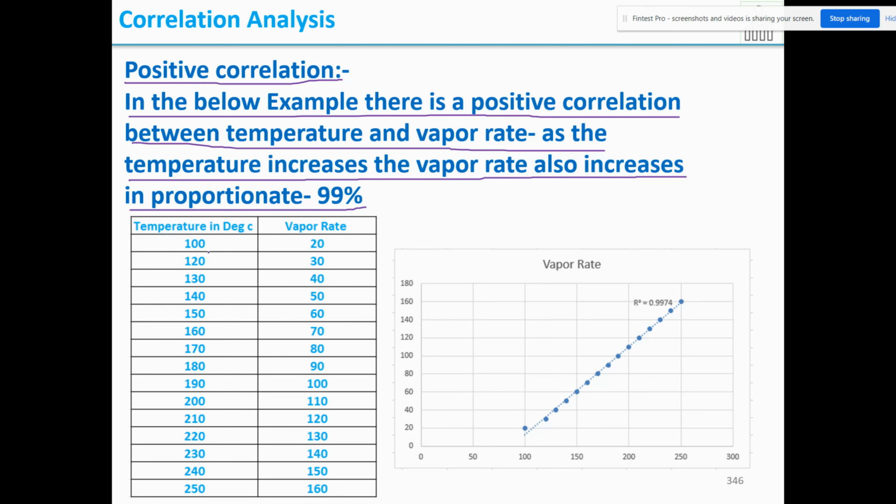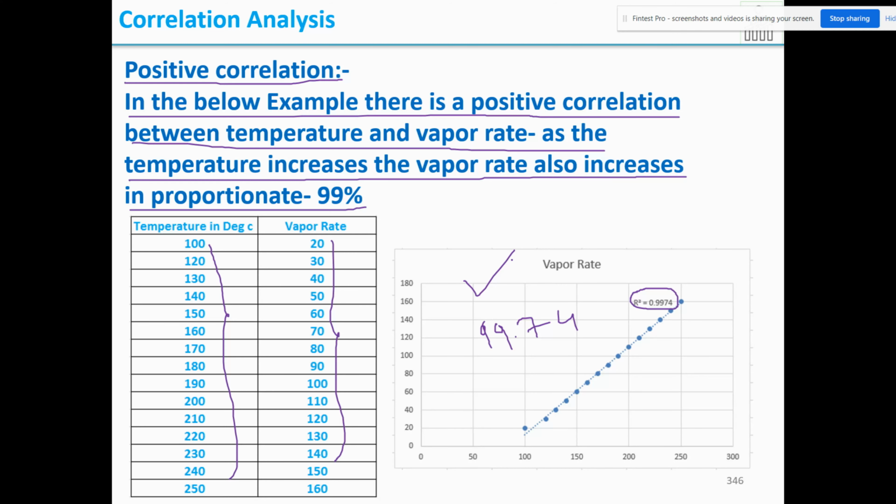Therefore, we can say there is a correlation between temperature and vapor rate. You can plot in Excel and get the R square value. Here the R square value is 0.997, that means 99.74 percent.